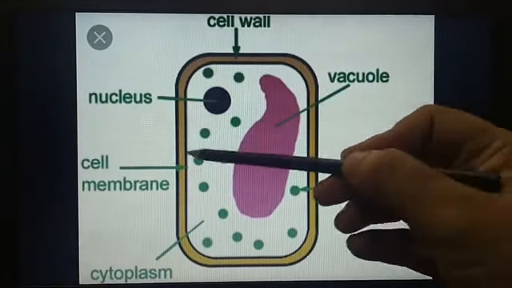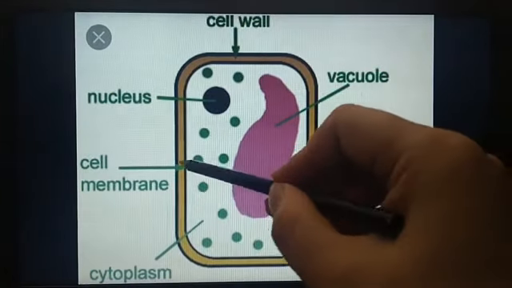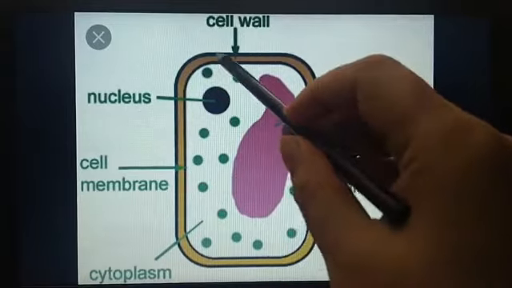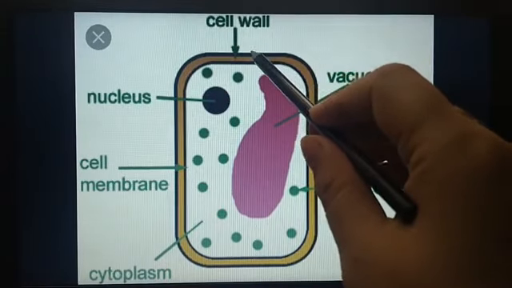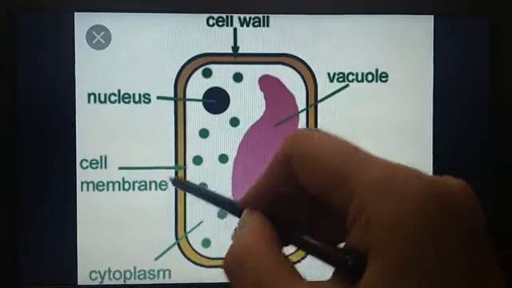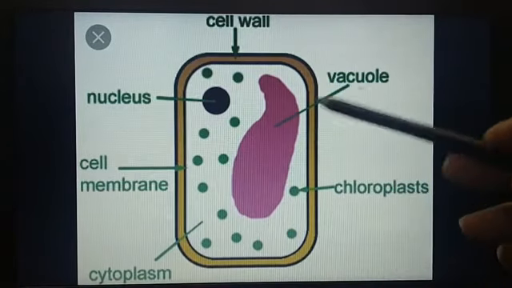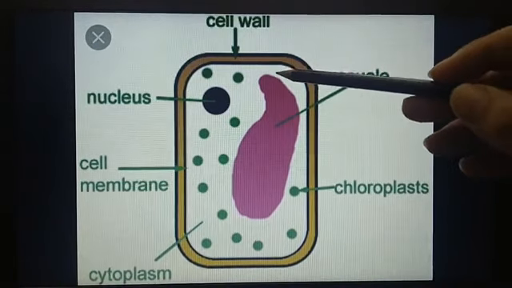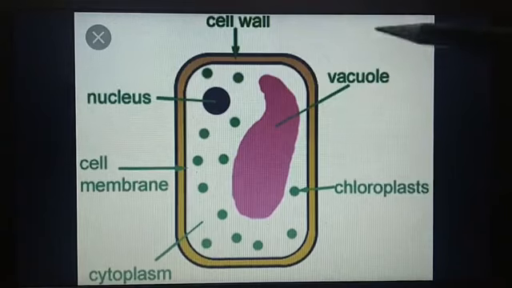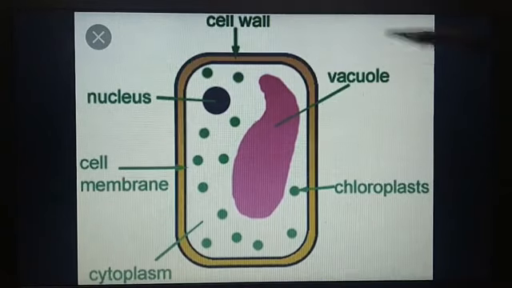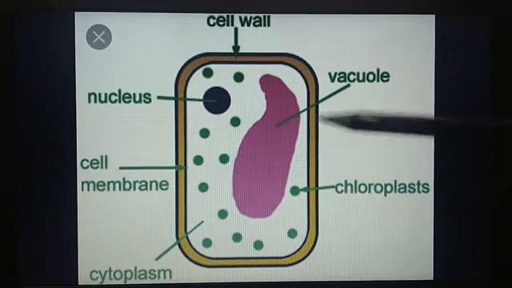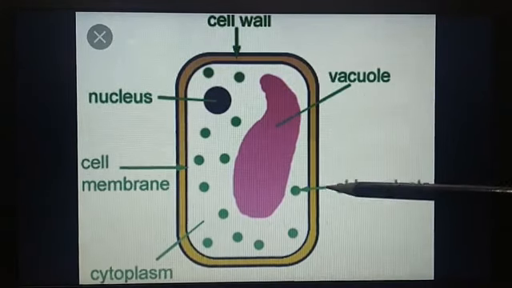Cell wall is just outside the cell membrane. Cell wall is a non-living structure. It is made up of cellulose. Cell wall is found only in plant and bacterial cells. It is absent in animal cells.